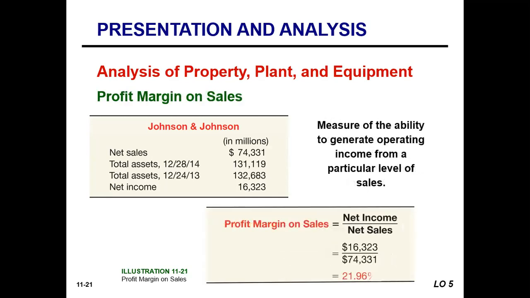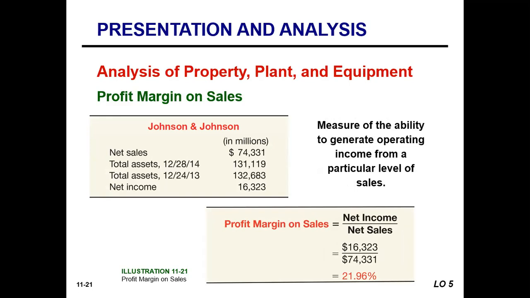All right, our profit margin calculation, we've certainly seen this one before. Profit margin, net income divided by net sales. And so net income divided by what we might also call total revenue on the income statement. On this one, we've got a profit margin of 21.96%.